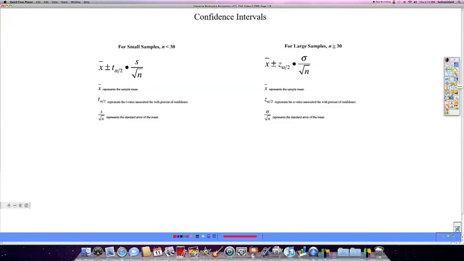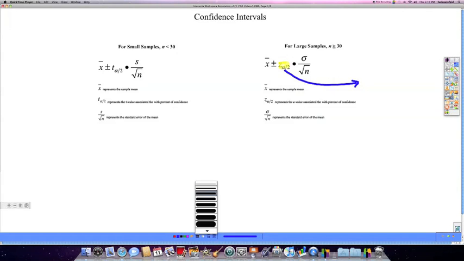Now, this is a z-score, which is associated with your level of confidence. So this is a z-value associated with your confidence level.